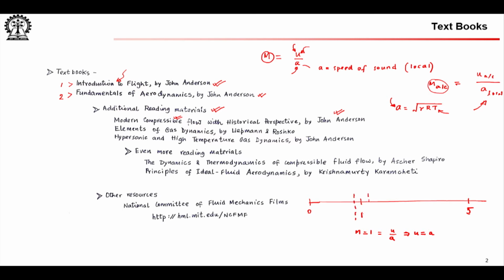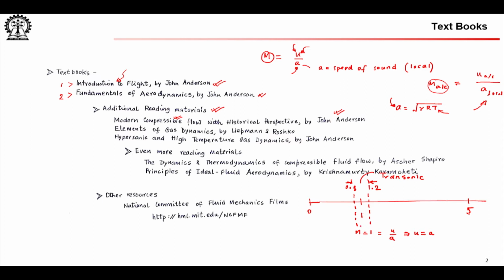Now, there is nothing so precise about this band, but typically we say that from 0.8 to 1.2 Mach number, something special happens, because of which this window is known as the transonic Mach number range. Transonic: across sonic, from 0.8 to 1.2, a little less than sonic to a little more than sonic. Some important behavior happens in that corridor, we will see that.